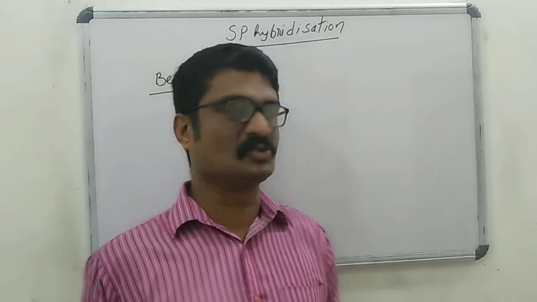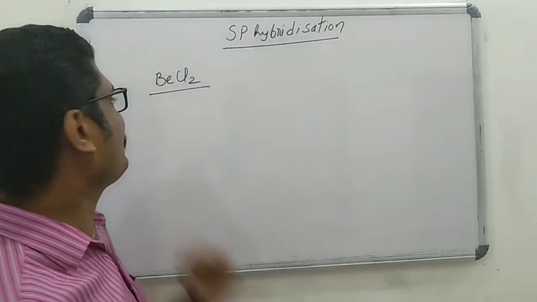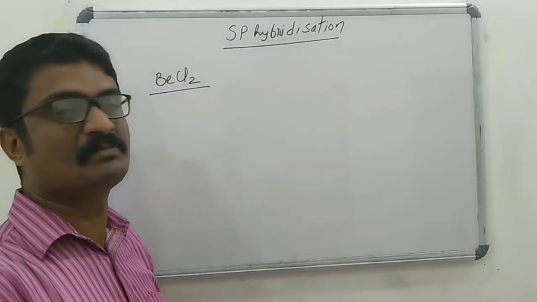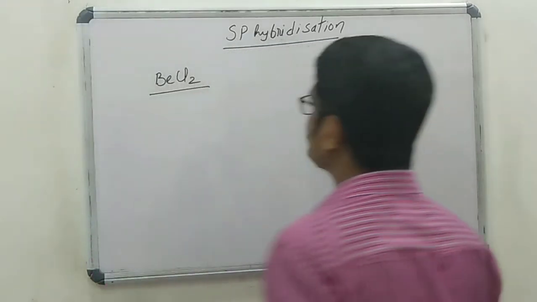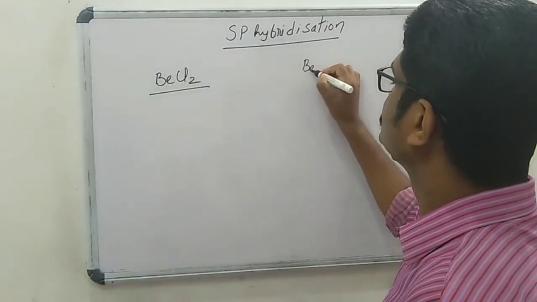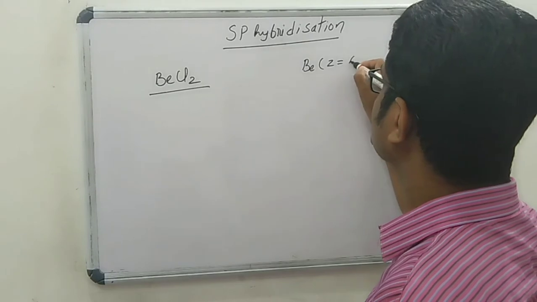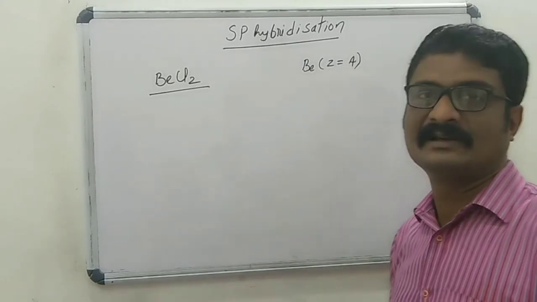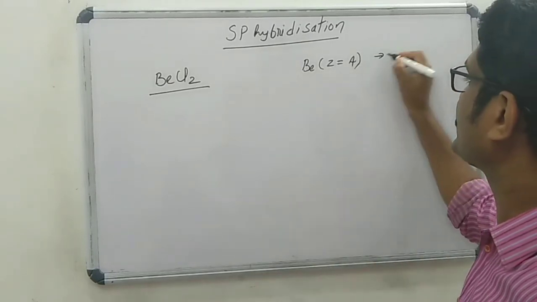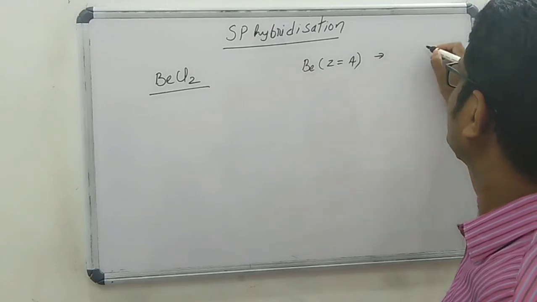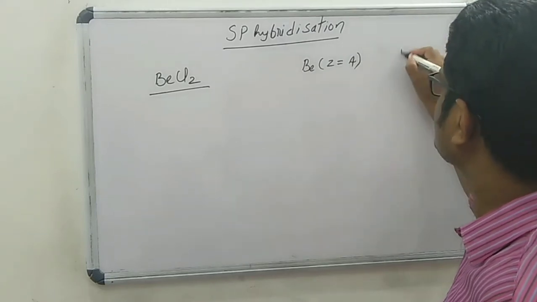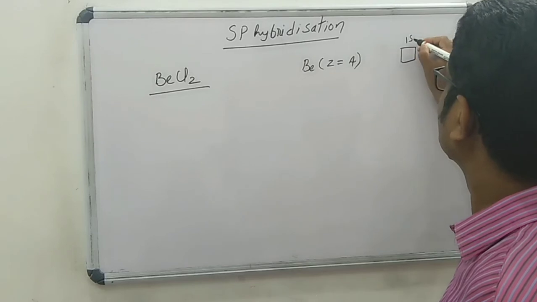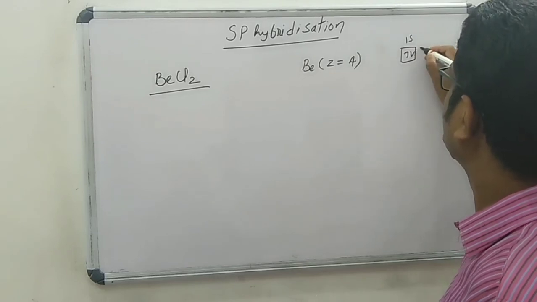In BeCl2, the central atom is beryllium. Beryllium, its atomic number is 4 and its electronic configuration is 1s2, 2s2.